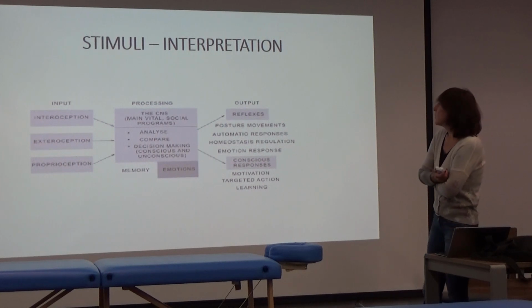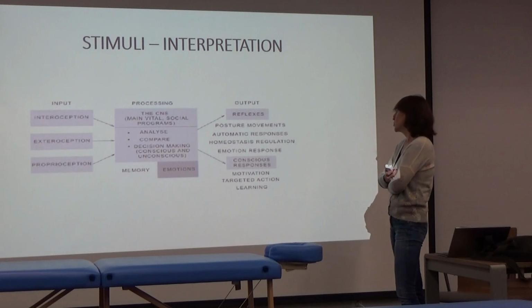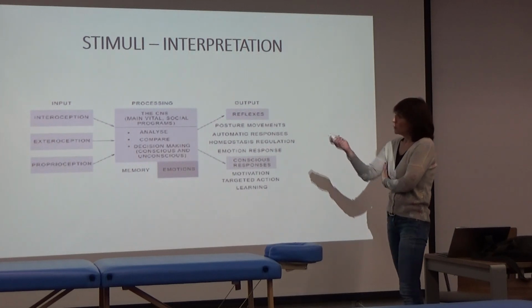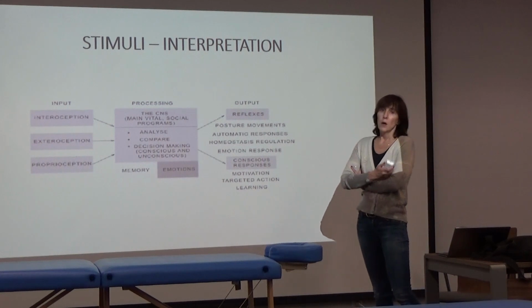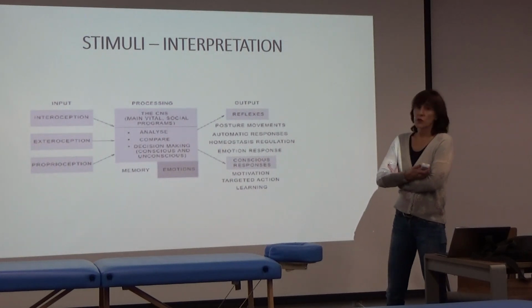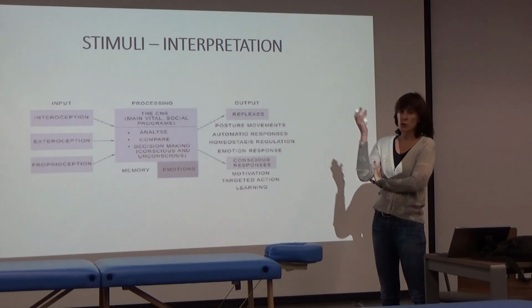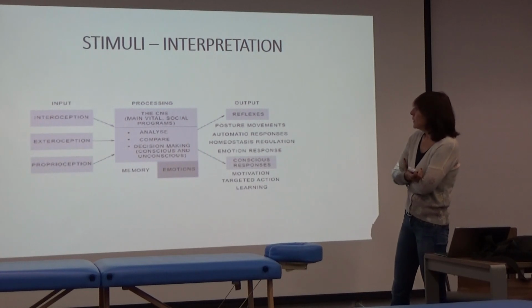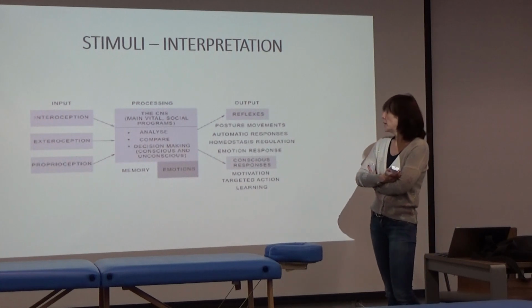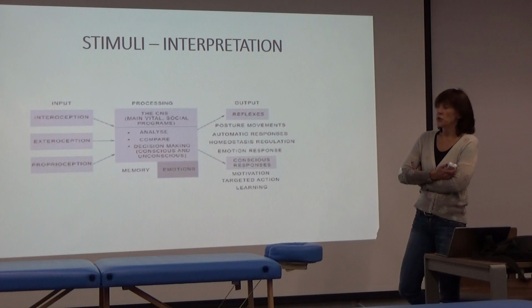So this is another table which shows the connection between input, processing, and output. So again, we have all kinds of incoming stimulus, which is stimulus from our viscera, from our proprioception system, from exteroception, from our senses like eyes, ears, smell, taste. Then it goes to the central nervous system, where it's being analyzed, compared, and a decision is made what to do with this information.